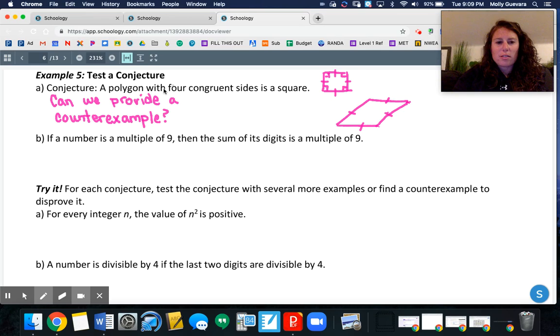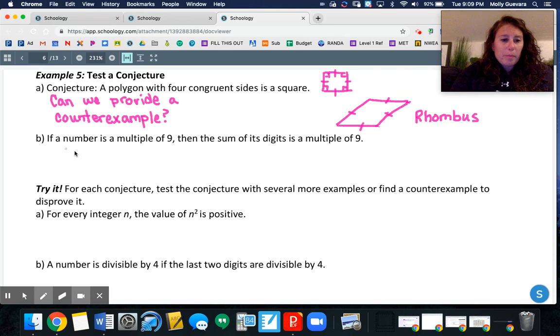It just says 4 congruent sides, okay? And this shape right here is a rhombus. So 4 sides without the 90 degrees is a rhombus. That provides a counterexample, right? So we can't say that any polygon with 4 congruent sides is a square, because it could be a rhombus. A rhombus just doesn't have those 90 degrees.